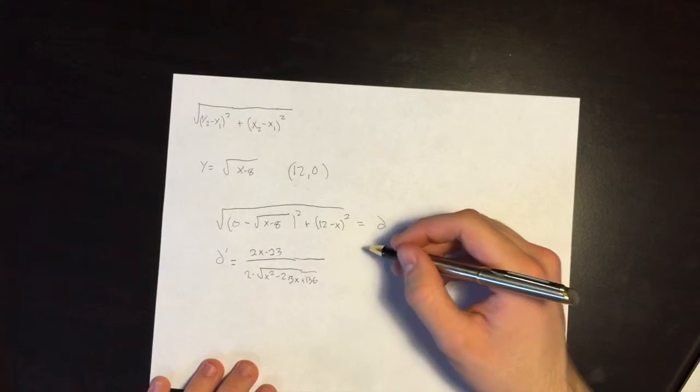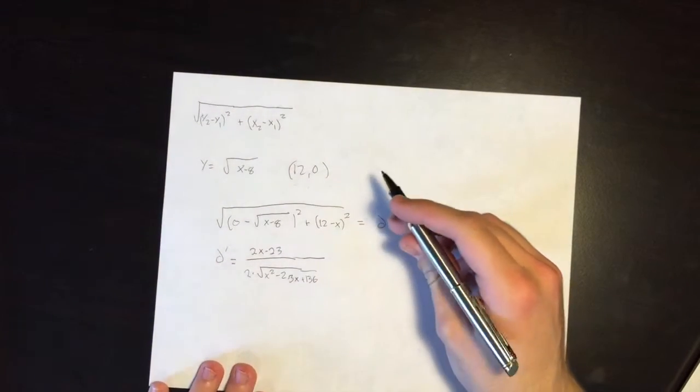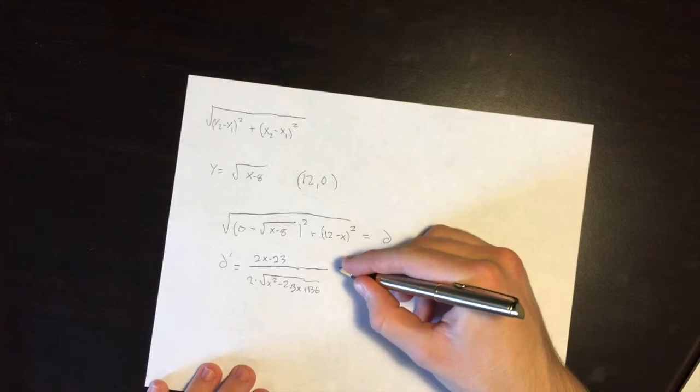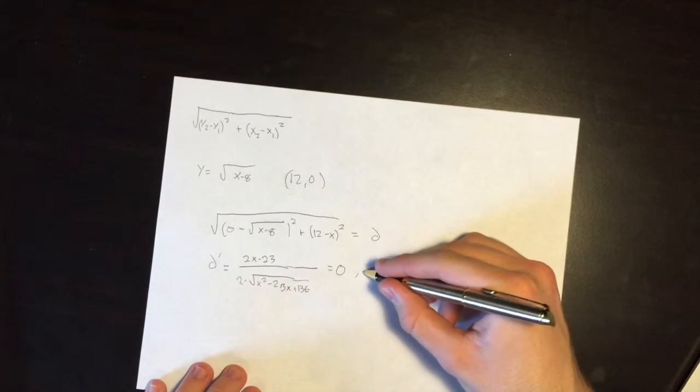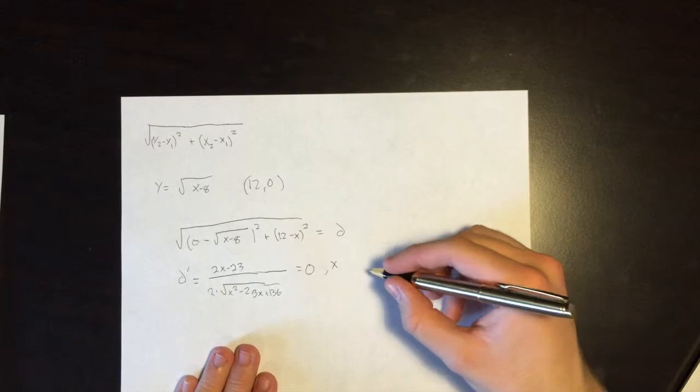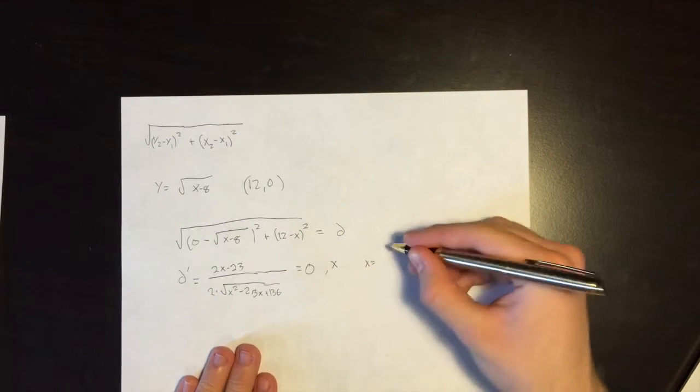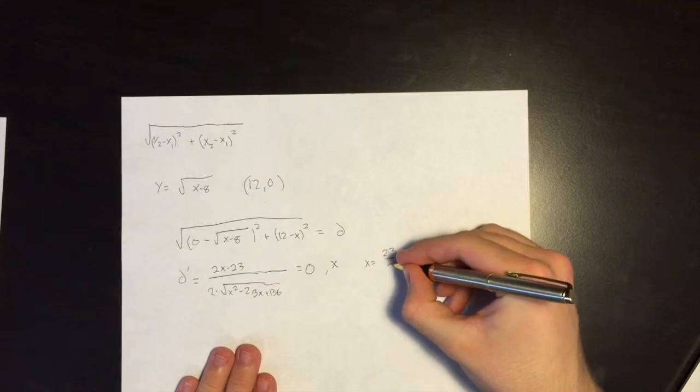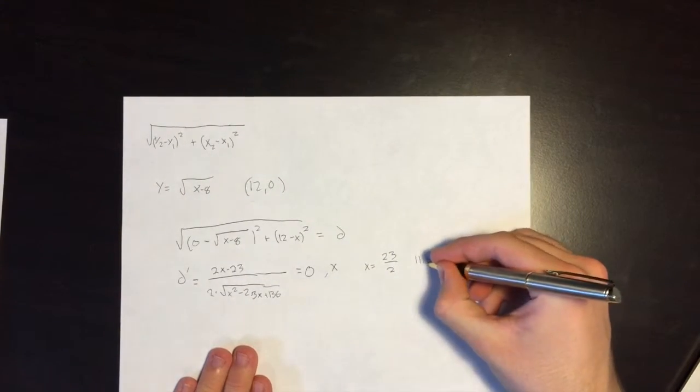And in order to find the x value that will minimize that distance, we're just going to have to set it equal to 0 and solve for x in our calculators or by hand. Once you do that, x is equal to 23 over 2, or 11.5.